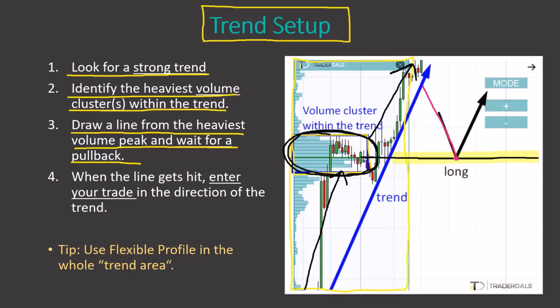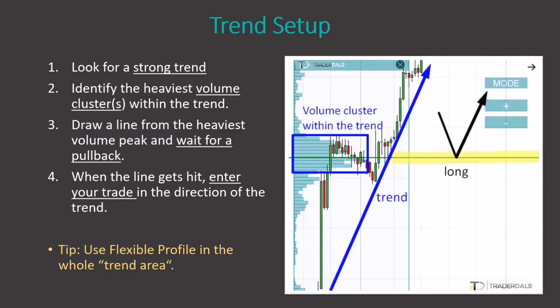So in this case, this is an uptrend, so you'll enter long. The logic is that those strong buyers defend their positions, defend this zone, which is clearly very important for them, and they push the price upwards. Alright? So that's about the trend setup.